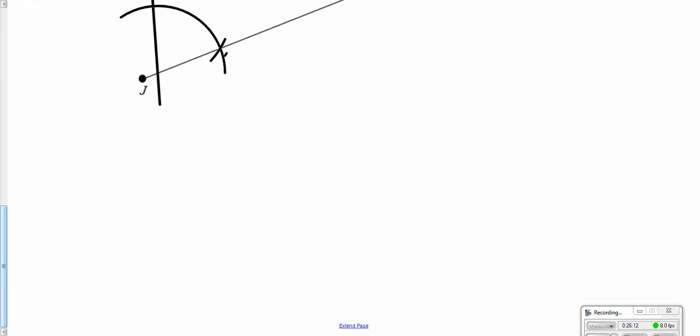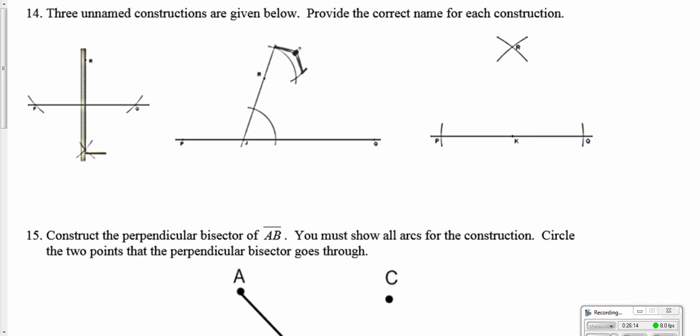Okay. Number 14, 3 unnamed constructions are given below. Provide the correct name for each construction. Just looking at the picture. Here we know we have a perpendicular line. We didn't use the end of our line. And we have a point up here.